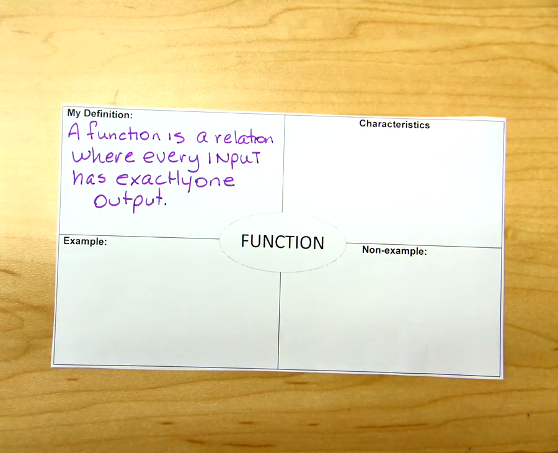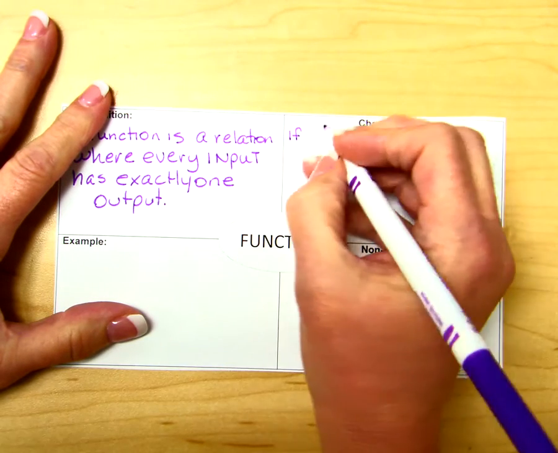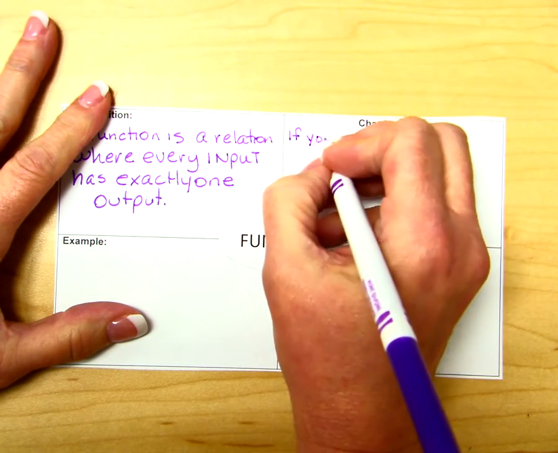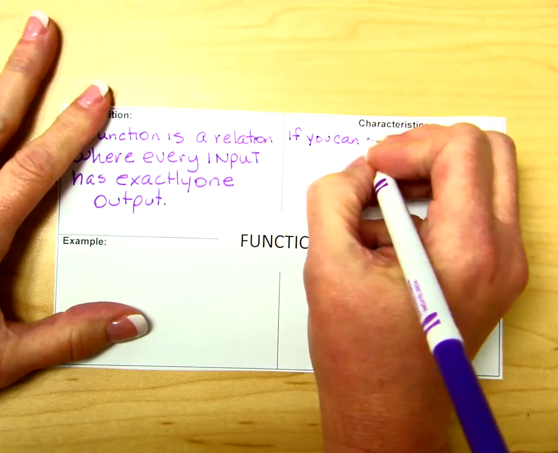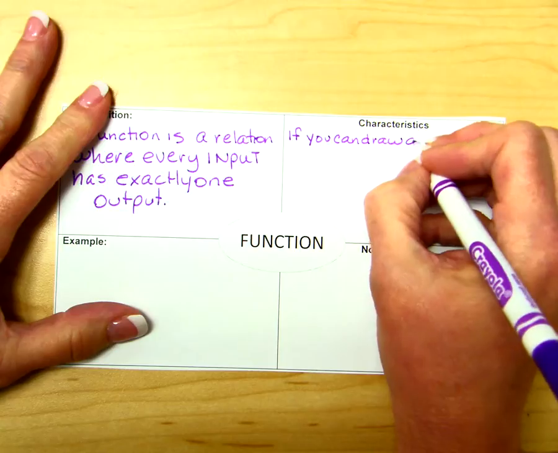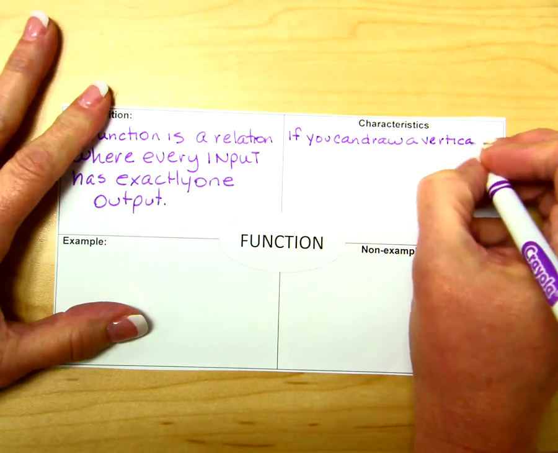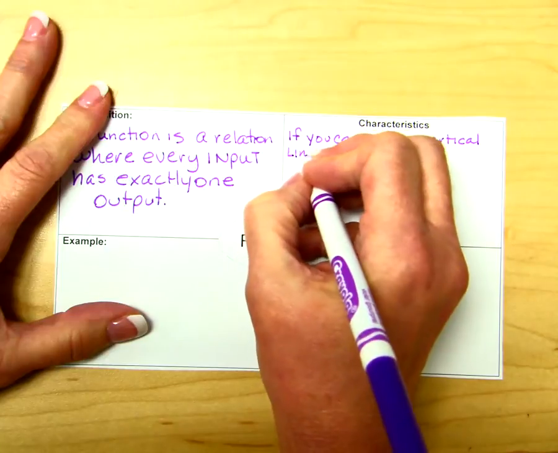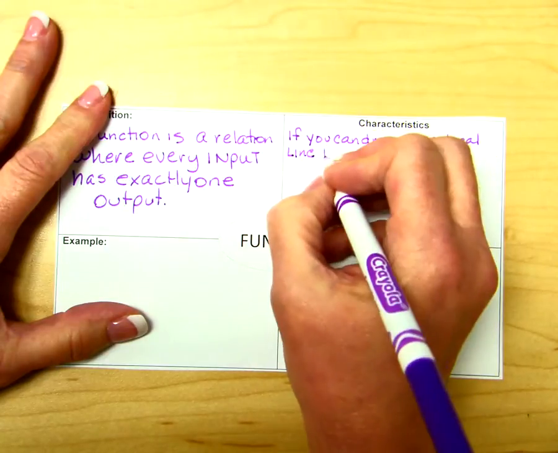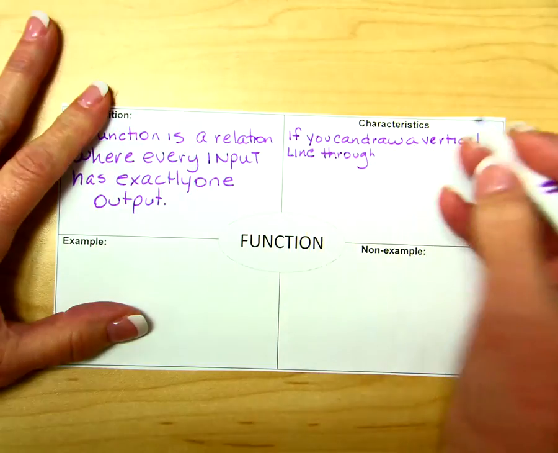For characteristics, we're going to say, if you can draw a vertical line, which is one that goes up and down, through the graph. So when we have a function, we can graph it through the points.